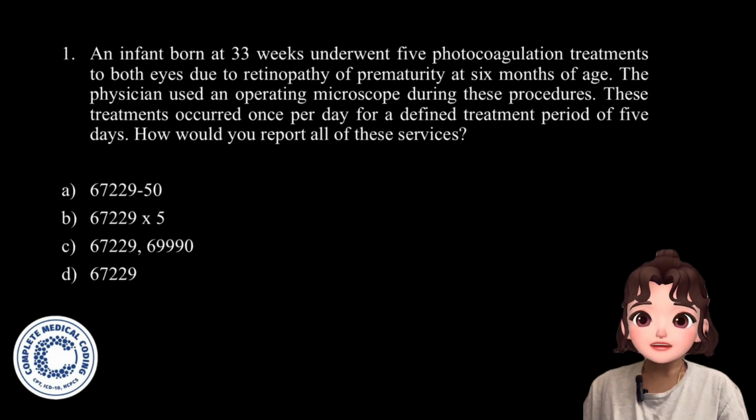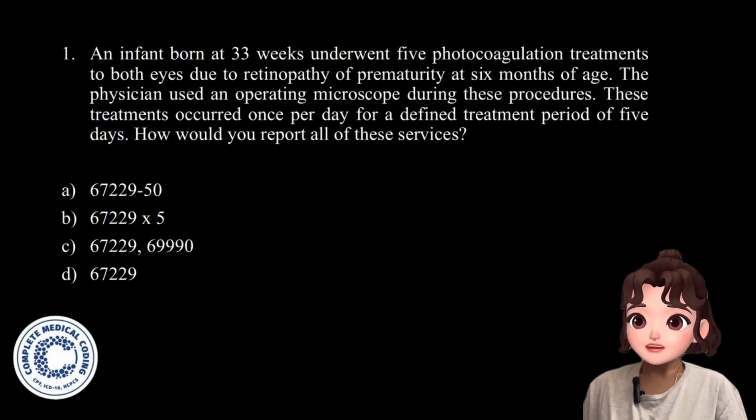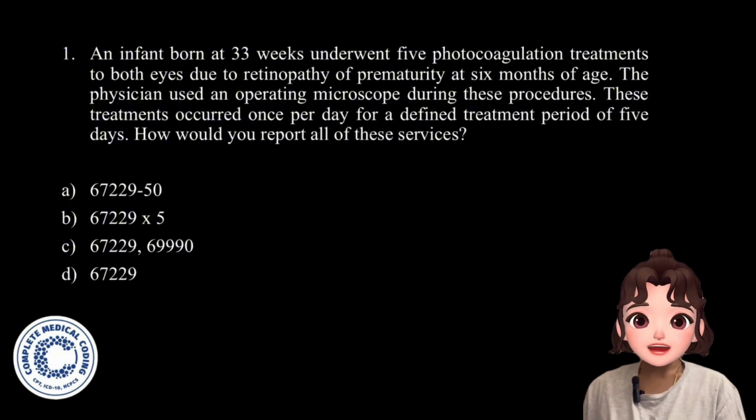So here the infant was born at 33 weeks. It means that baby is a premature baby, right? That infant underwent 5 photocoagulation treatments to both eyes, due to retinopathy at 6 months of age.